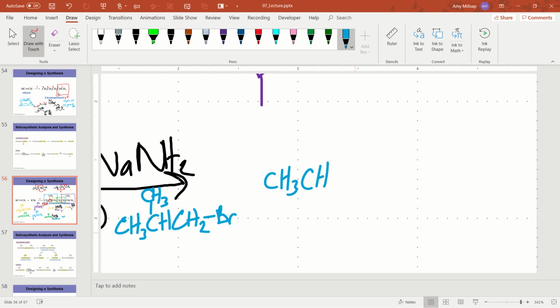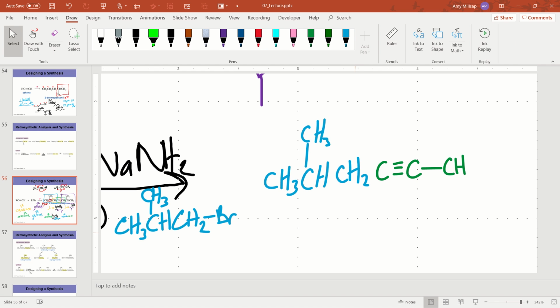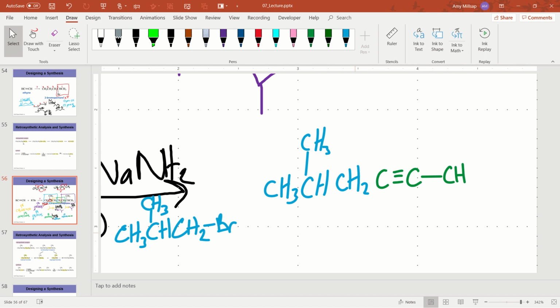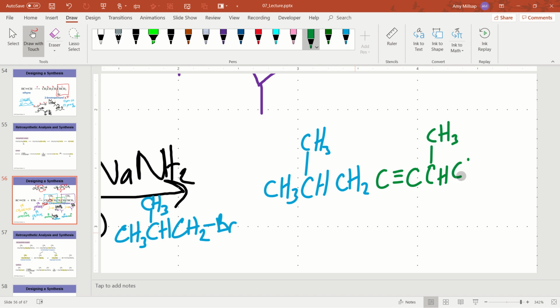CH3, CH, CH3, CH2, green, C, triple bond C, single bond CH, CH bonded to CH3, bonded to CH3.